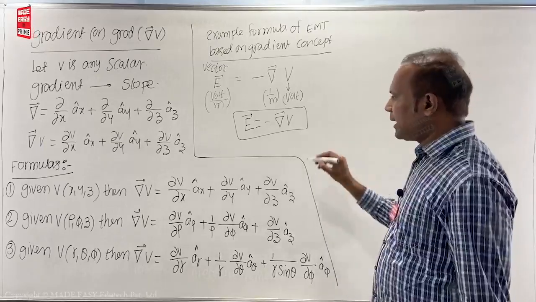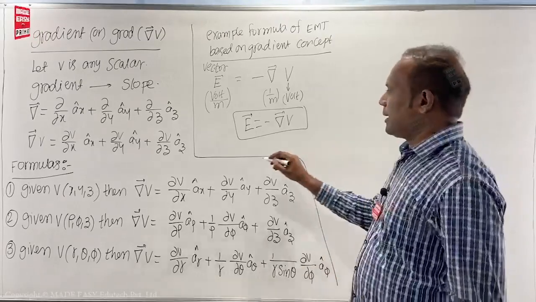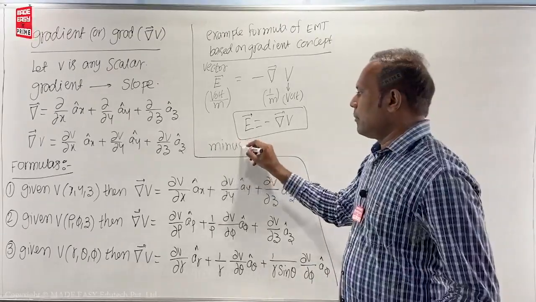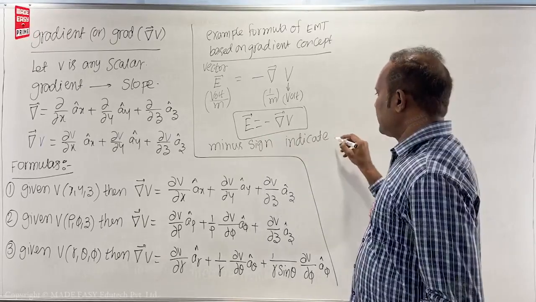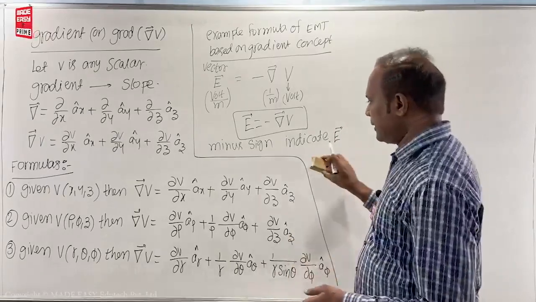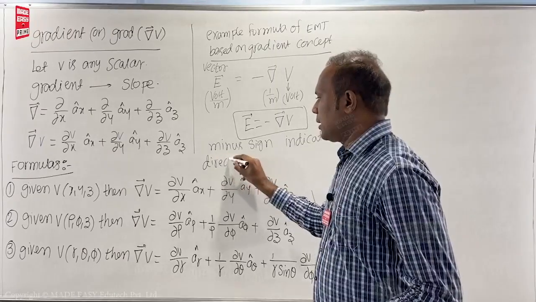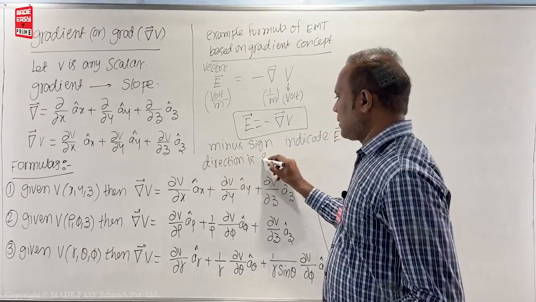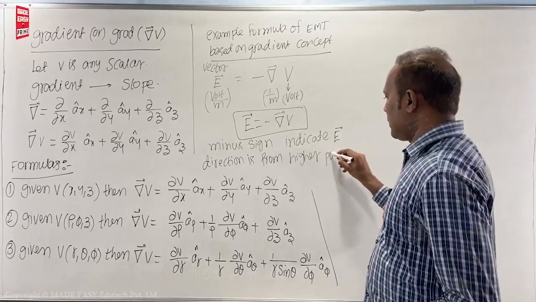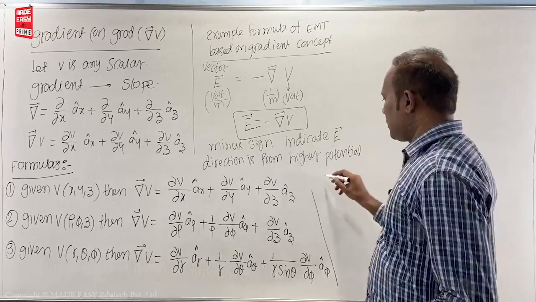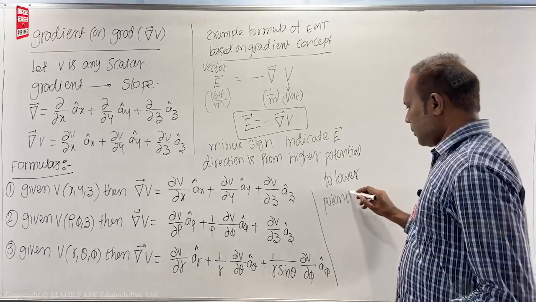Here the minus sign indicates that the E bar, that means electric field intensity, direction is from higher potential to lower potential.